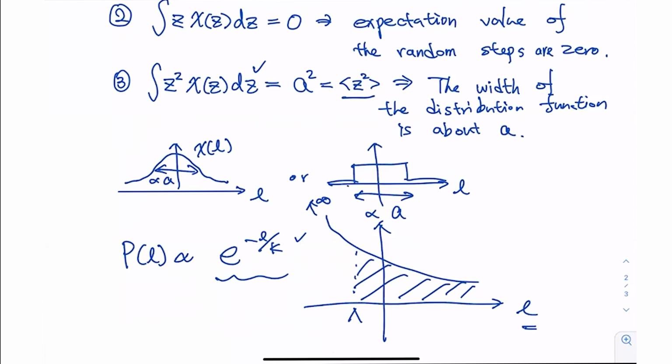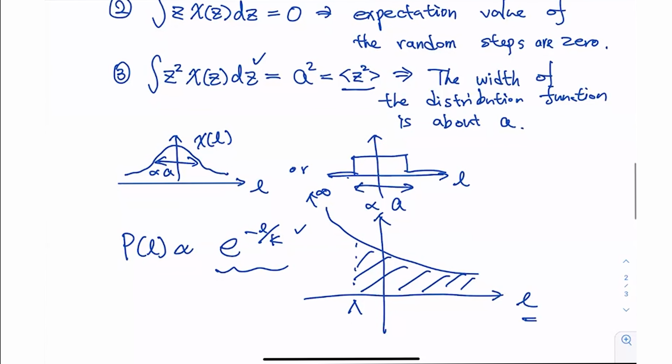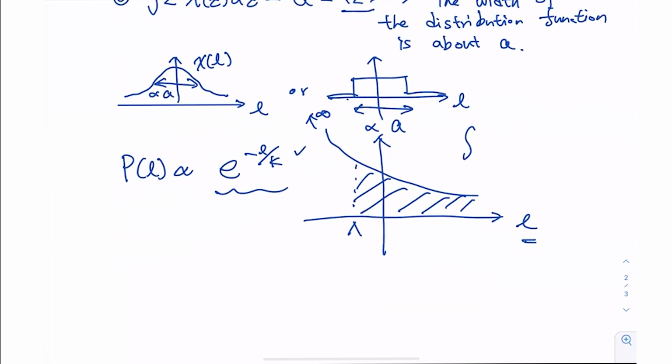Once you do the integral, you will have some function of this lambda. Then you can use that to normalize your probability distribution function. So let's formally write it this way: integral from lambda to infinity of P(L) dL. Then this will be some function of lambda.